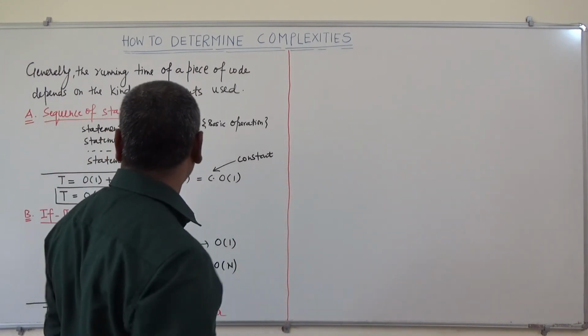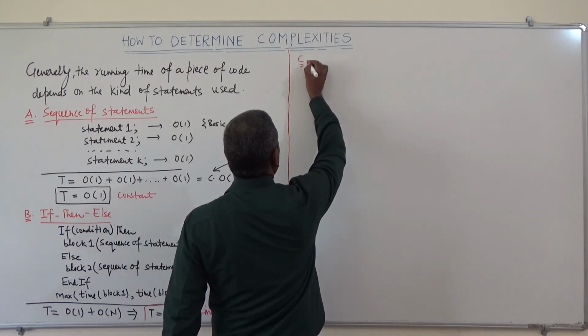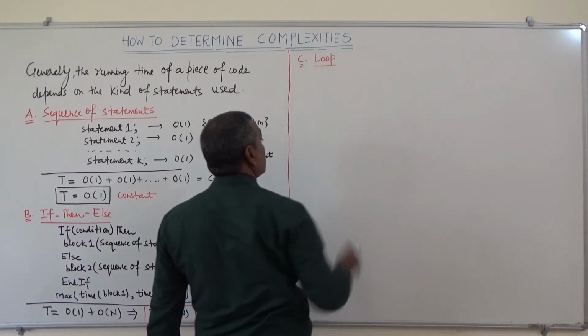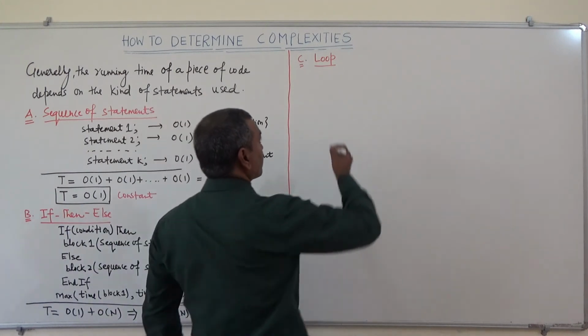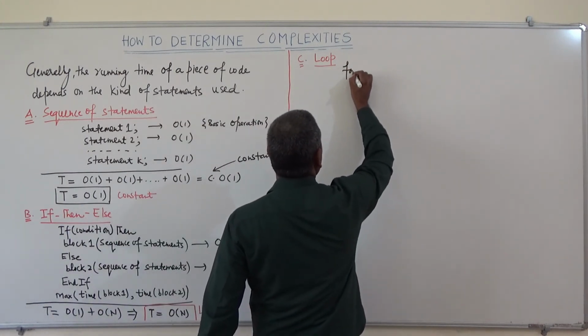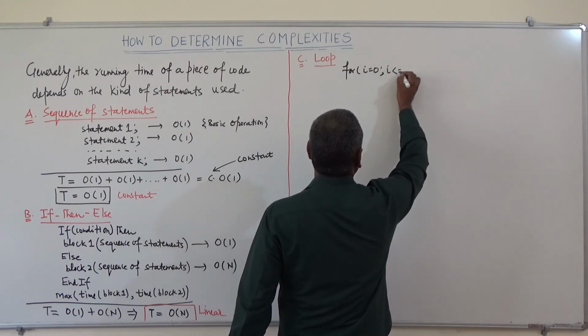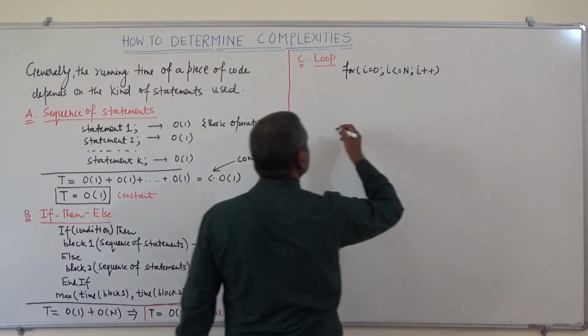Or the third type of statement may contain a loop. Let us consider a for loop: for i equals to 0, i less than equals to n, i plus plus.